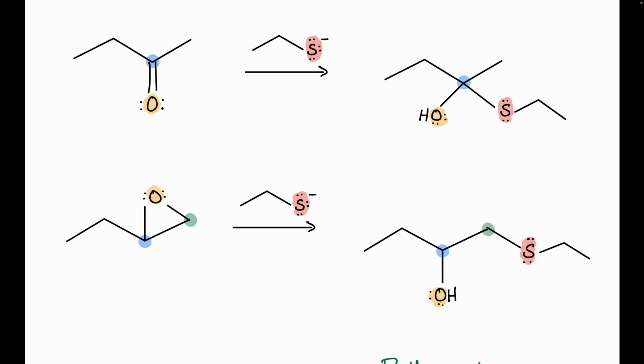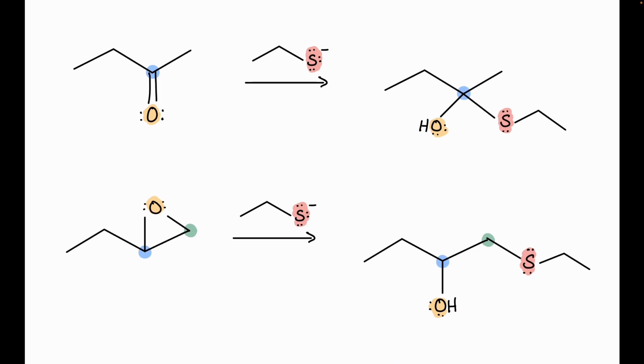So let's just make a note here. For our aldehydes and ketones, these are on the same carbon, that formerly carbonyl carbon. And for our epoxide reactions, they are located two carbons away.